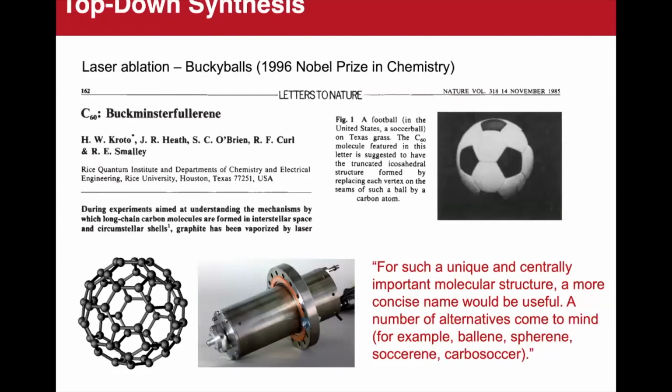For top-down type synthesis, out of chaos, you can actually get highly symmetric forms of carbon. Here we see a demonstration of C60, or buckyballs, produced from laser ablation. High-powered lasers ablate graphite to vaporize carbon and form these buckyballs that you see here. This was a new nanostructure in 1985, which led to the Nobel Prize in 1996 for Harry Kroto, Richard Smalley, and Robert Curl.